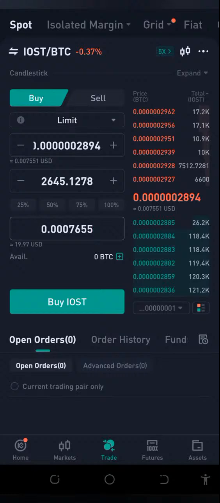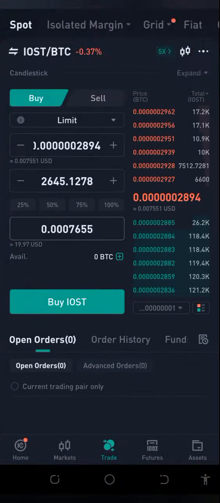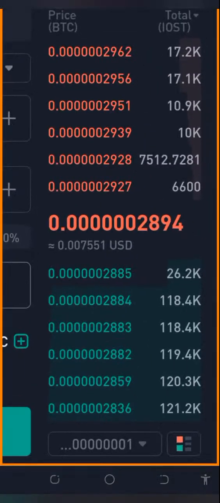One of my subscribers sent me a message saying that now he really understands what this means. Before, he was looking at this order book as being in dollars or USDT, like when it says 26.2K, it means 26.2 thousand USDT.